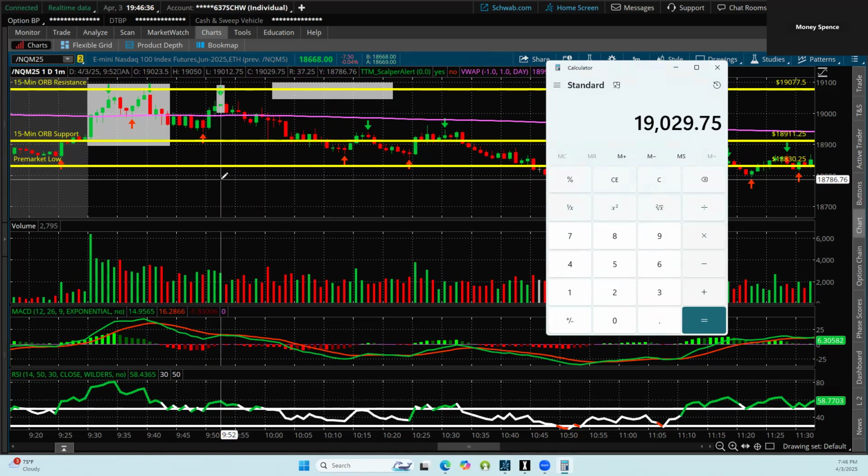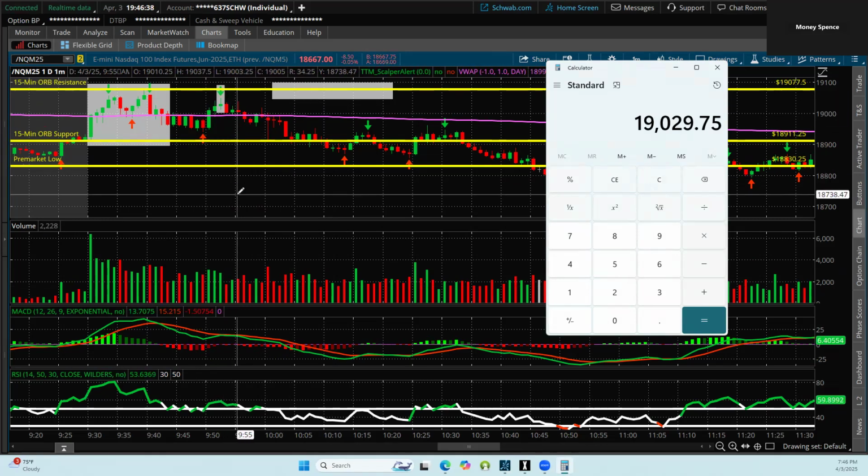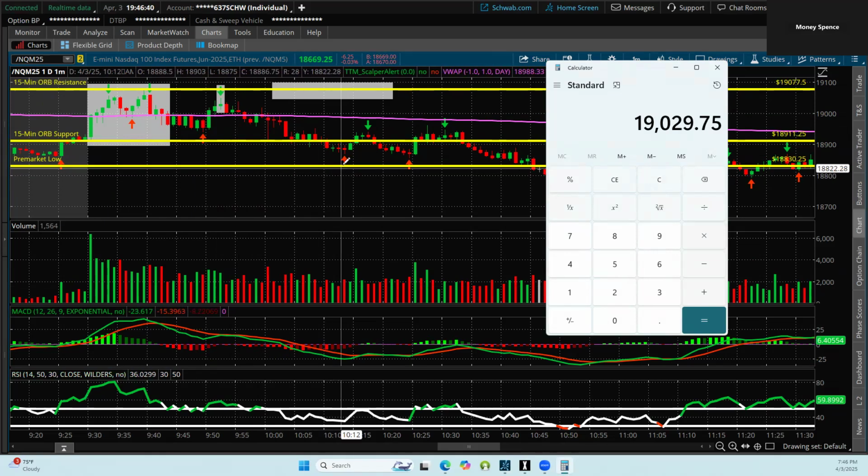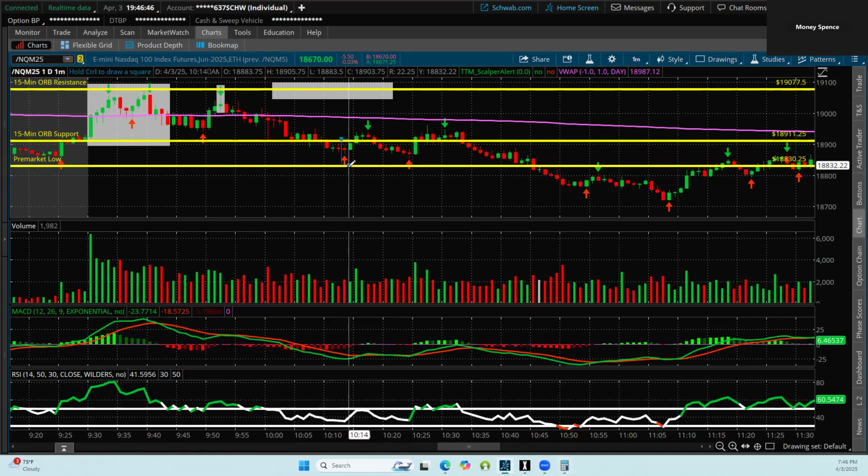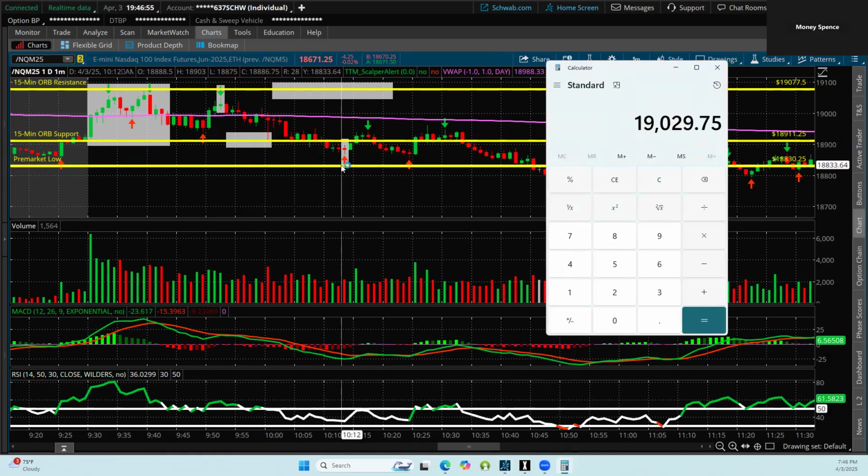Now, let's say, for example, you got in right here and you sold your entire position right here at 10:13 a.m., about here, once we broke below the 15-minute ORB support zone. You sold your position right there, and the low of that candle was $18,869.25.